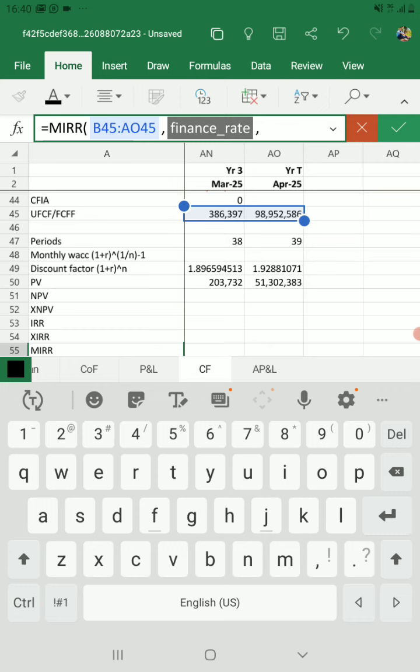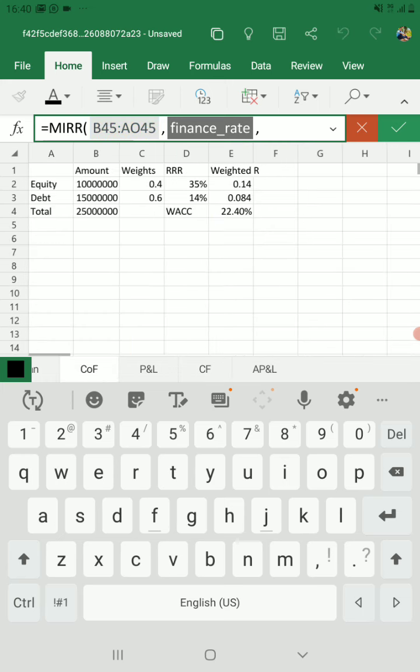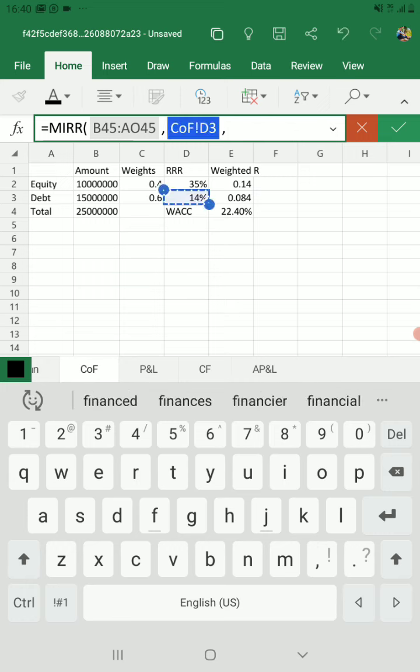Okay, we get it in the cost of fund sheet, which is this one, debt rate, effective debt rate after tax cost, that is 14.